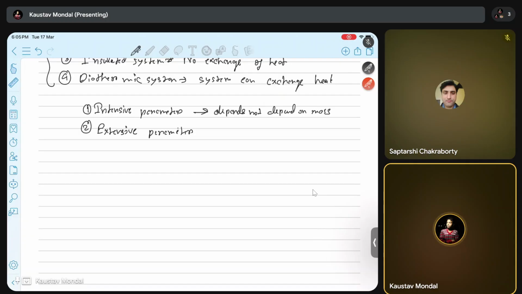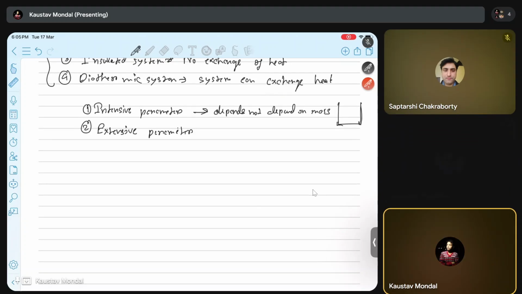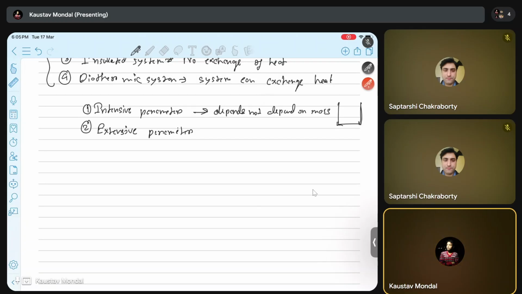Let's suppose in a gas chamber, if you decrease its mass, by doing so its pressure or temperature doesn't change at all. So pressure, P, temperature, all these parameters come under the intensive parameter section. Extensive parameters are the parameters which depend upon the mass of the system, like volume.